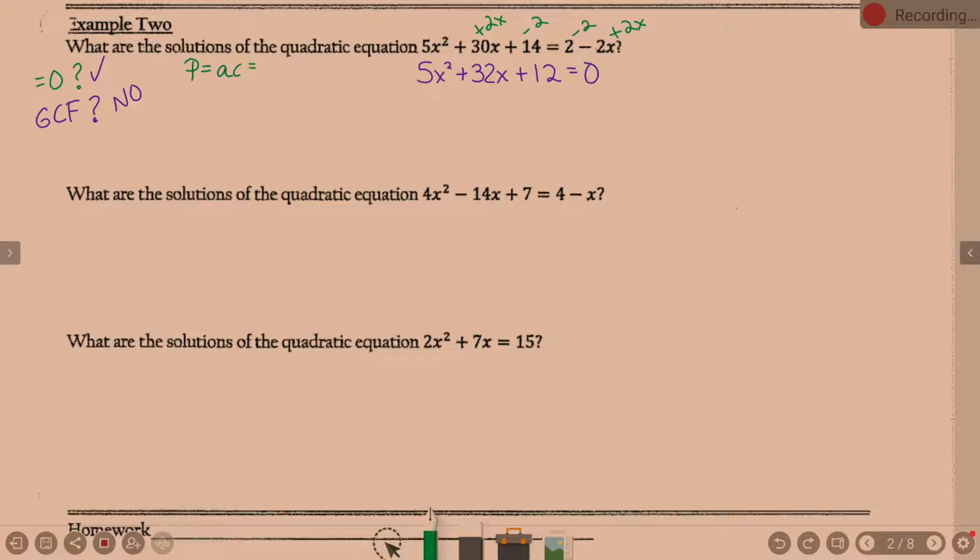Okay, A, what is A? 5, because it's a number in front of x squared. What is C? 12, because it's the constant at the end. And what is 5 times 12? 60. Okay, and so we're going to need two numbers that multiply to be 60 and have a sum, so they add to be the B value, which is 32.